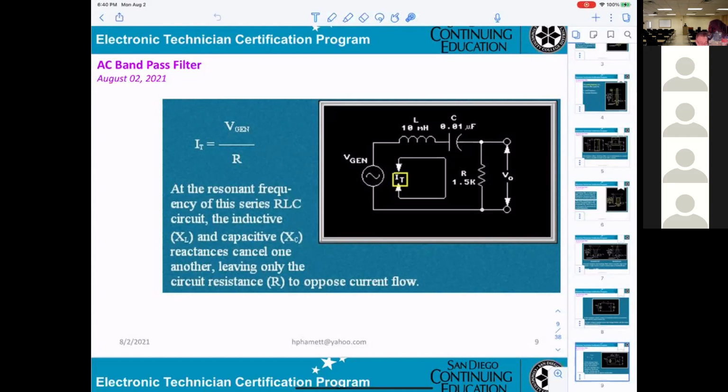At the resonant frequency of this series RLC circuit, the inductive XL and capacitive XC reactance cancel one another, leaving only circuit resistance to oppose the current flow. I think the left one, they did a very basic, very good job for a technician.